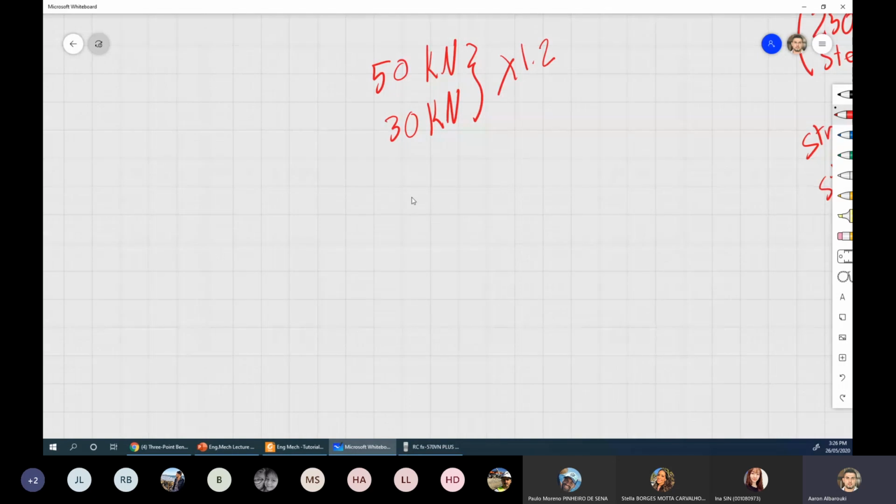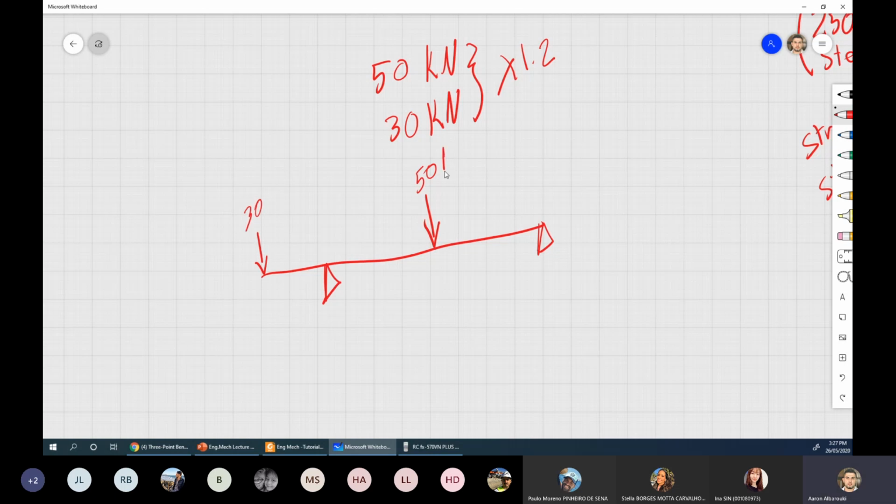If I tell you in that arrangement we've got 50 kilonewton here, 30 kilonewton there, so I understand what we do next semester, which you don't have to worry about now. And I told you these are the weight of the upper floor, so these are point loads of the upper floor, G. We call them G, dead load.